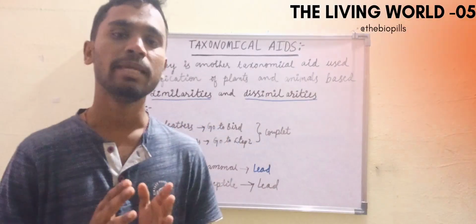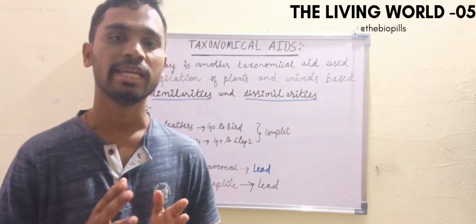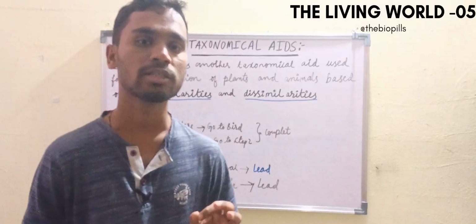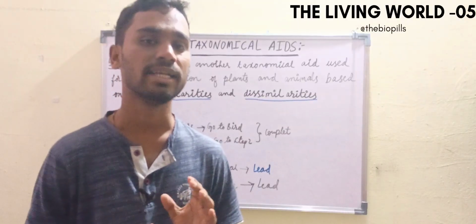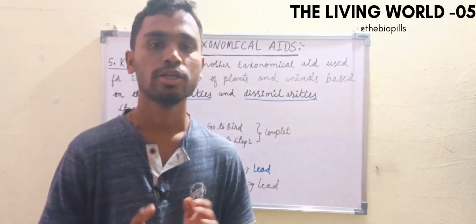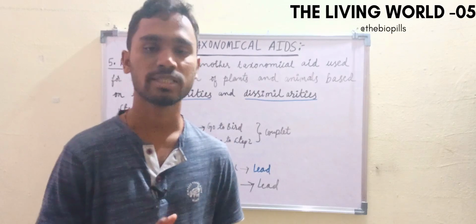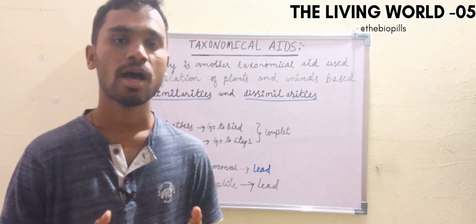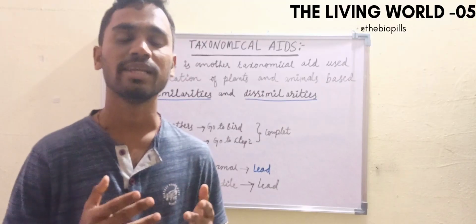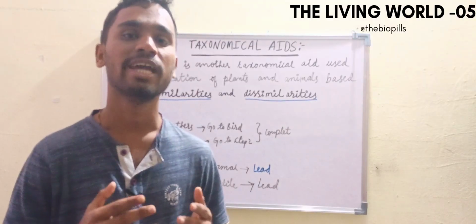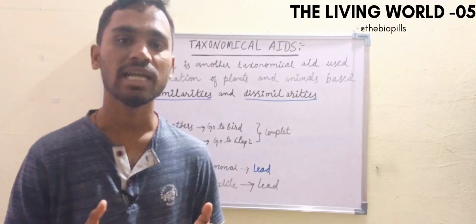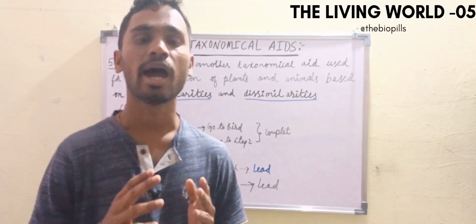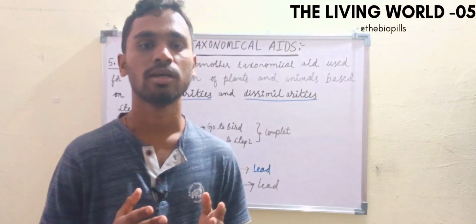Another very important taxonomical aid is the key, and this is the last taxonomical aid in this chapter. So let us understand what a key is. Key is another taxonomical aid used for the identification of plants and animals based on similarities and dissimilarities.